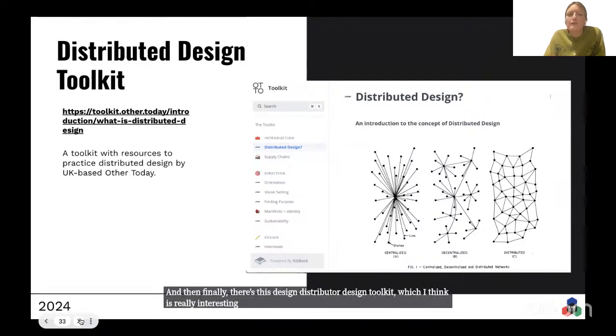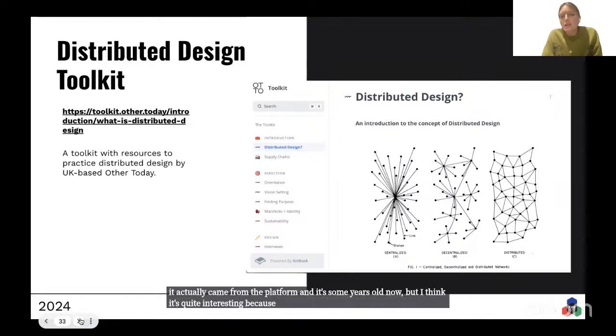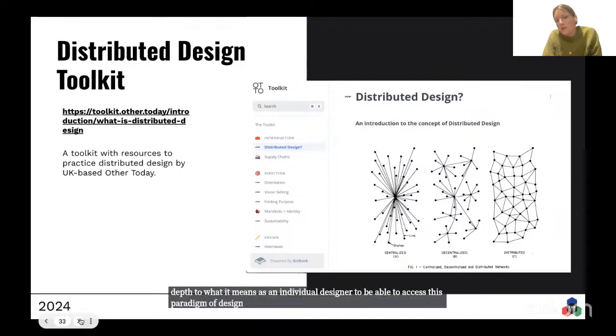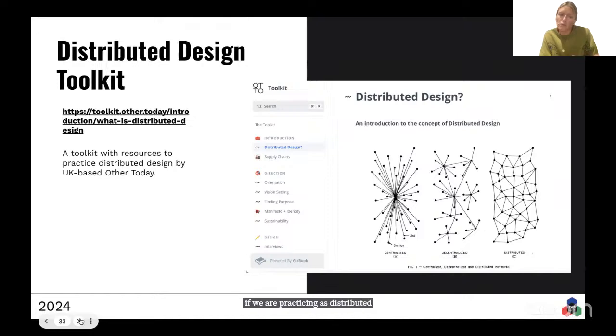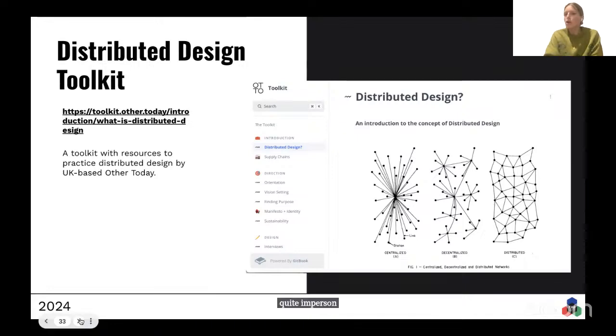And then finally, there's this distributed design toolkit, which I think is really interesting. It actually came from the platform, and it's some years old now, but I think it's quite interesting because it gives some really good depth to what it means as an individual designer to be able to access this paradigm of design. So it really talks about how, if we are practicing as distributed designers and we are practicing within this paradigm in which we have access to the local ecosystem, and we're not necessarily participating in a homogenized, quite impersonal design field, what does that mean for our mission?